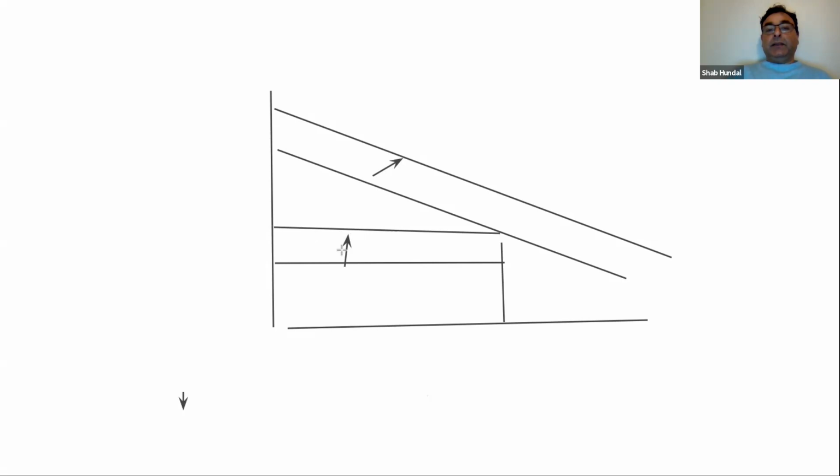And ultimately, it could be possible that they play perfect hide and seek. If this goes up by 5%, this also goes up by 5%. So the triangle of consumer surplus remains constant, but the only thing changing is that they are moving the ladder to the next step.